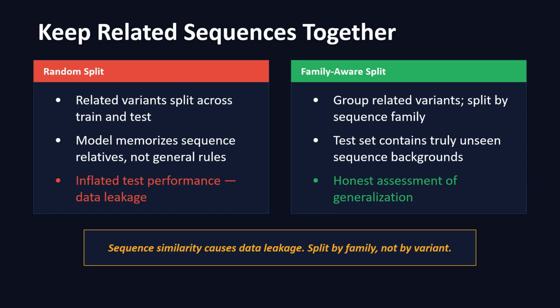Many MPRA libraries are built from parent sequences with small changes. Variants derived from the same parent often share similar activity patterns.